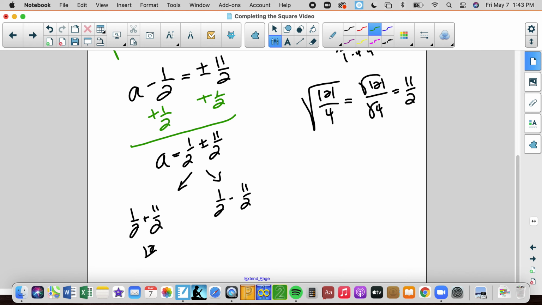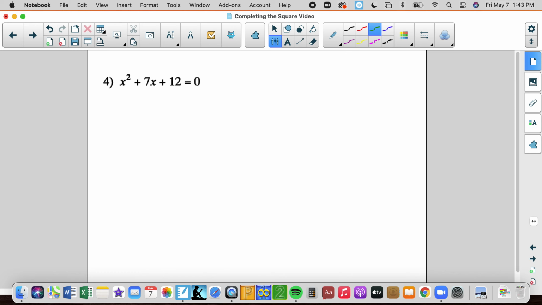That gives me 12 halves, or 6. This gives me negative 10 halves, or negative 5. So my solution is negative 5, positive 6. We're always going to write those in numeric order, from least to greatest.